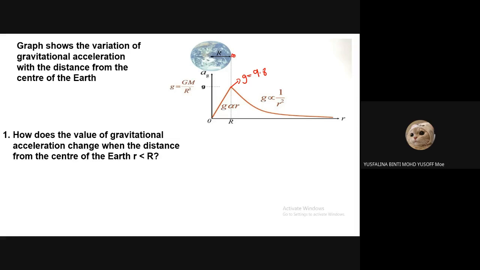Let's say this is R. This is the part when the object is on the Earth's surface. When it starts leaving the Earth's surface and the distance increases, you can see in the graph that the value of g also becomes decreasing. The further you travel from the Earth, it will keep decreasing, so that's why the graph looks like this.